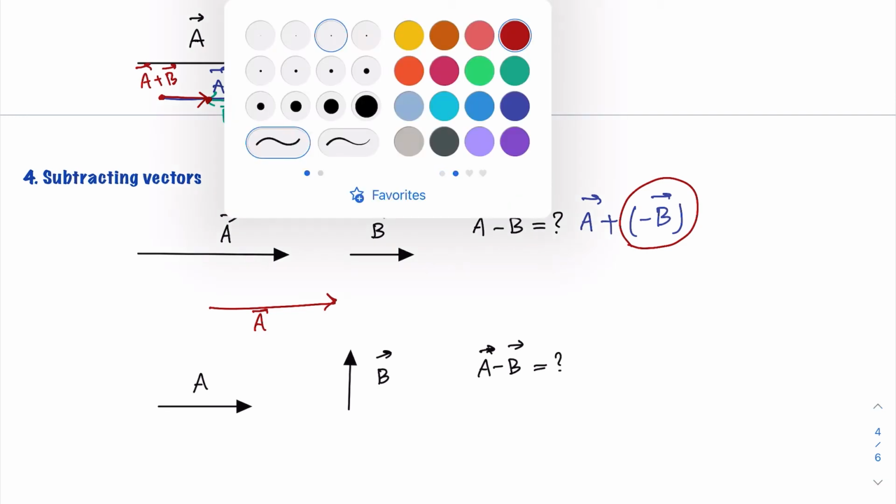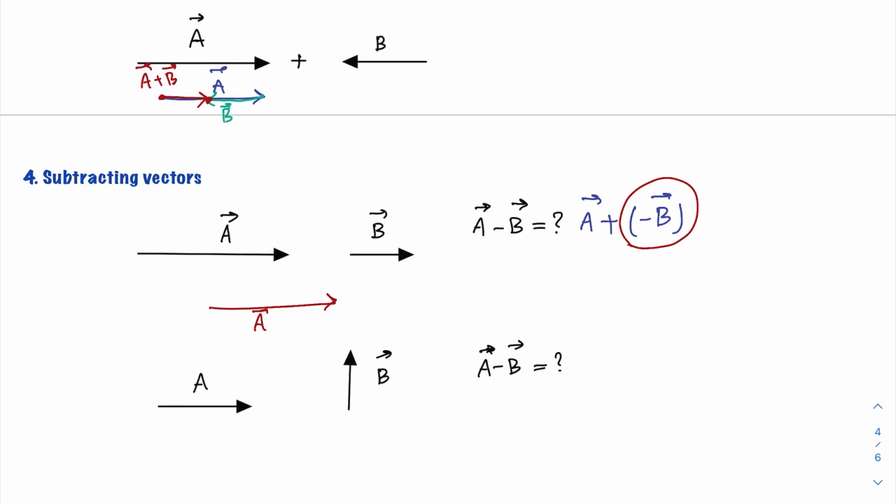I will draw vector B in, let's say, green color. I am interested in negative B. And we know that if I multiply this vector B by a negative, the direction will change. So this will be my vector negative B, or minus B.